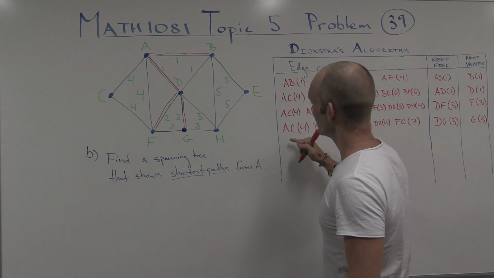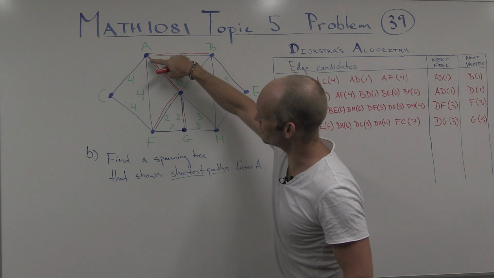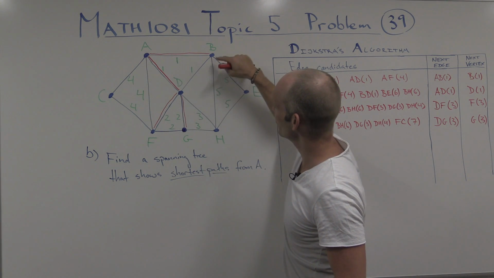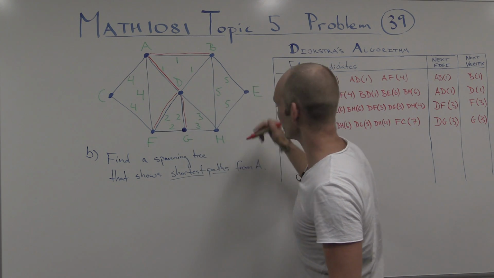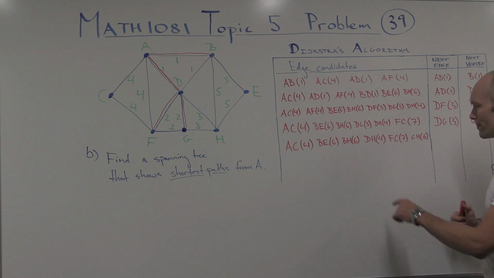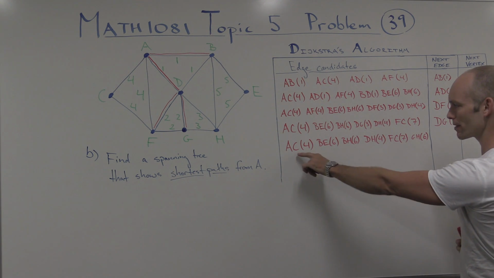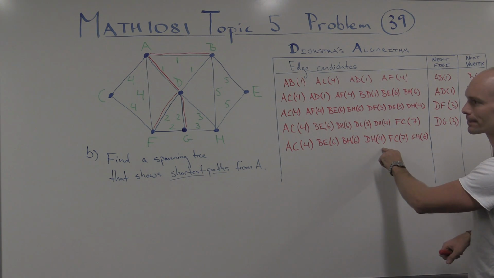Let's continue. In this step here, we've still got this edge that we can add. We can't add this edge, we can't add this edge, we can't add this edge, but we have other edges that we can add, like so. This time we can choose either to add the edge AC or DH.